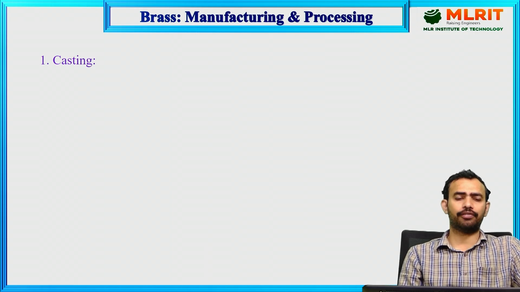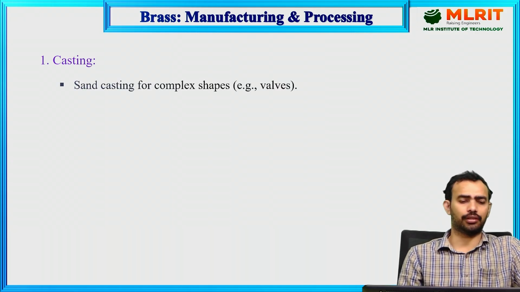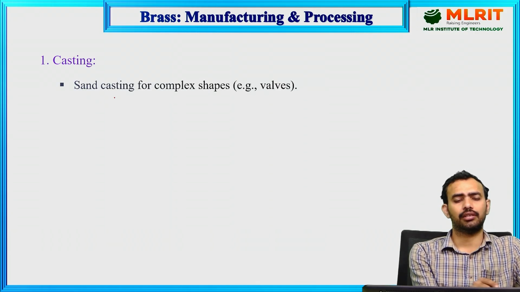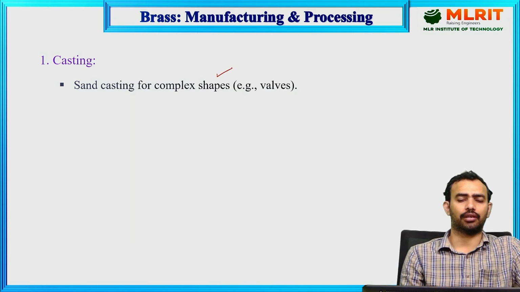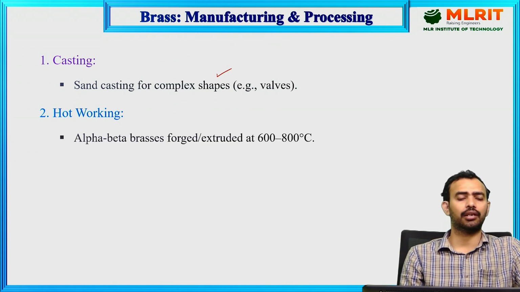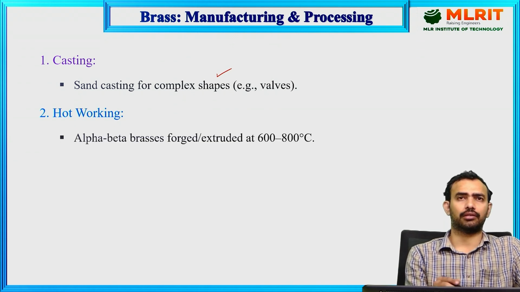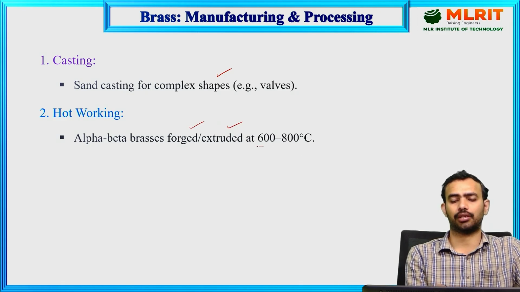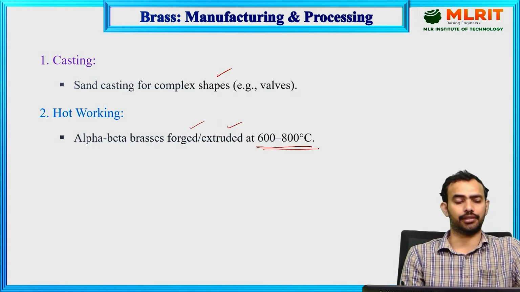If you see the manufacturing and processing, first the casting. Sand casting is employed for complex shapes such as valves. Hot working is another manufacturing process where alpha-beta brasses are manufactured through forging and extrusion processes at a higher temperature, 600 to 800 degrees centigrade.